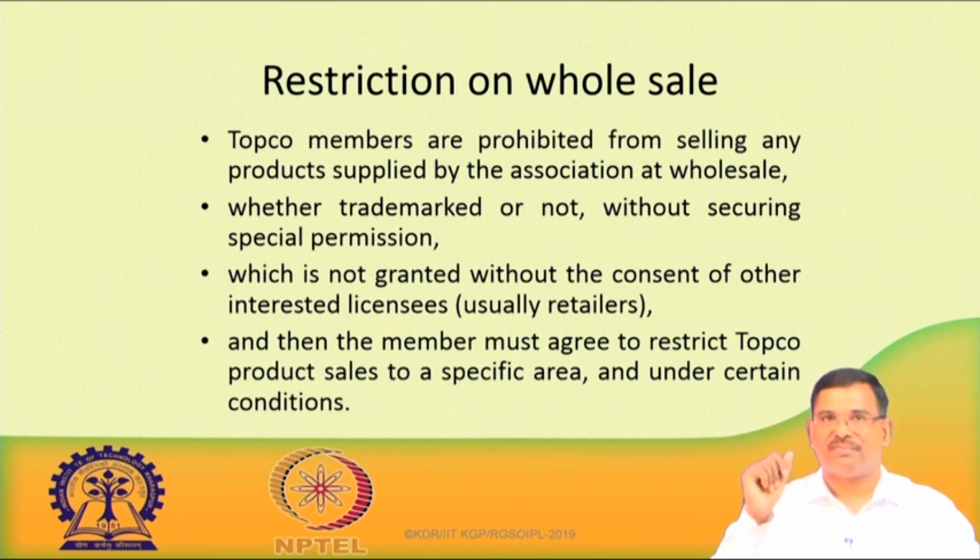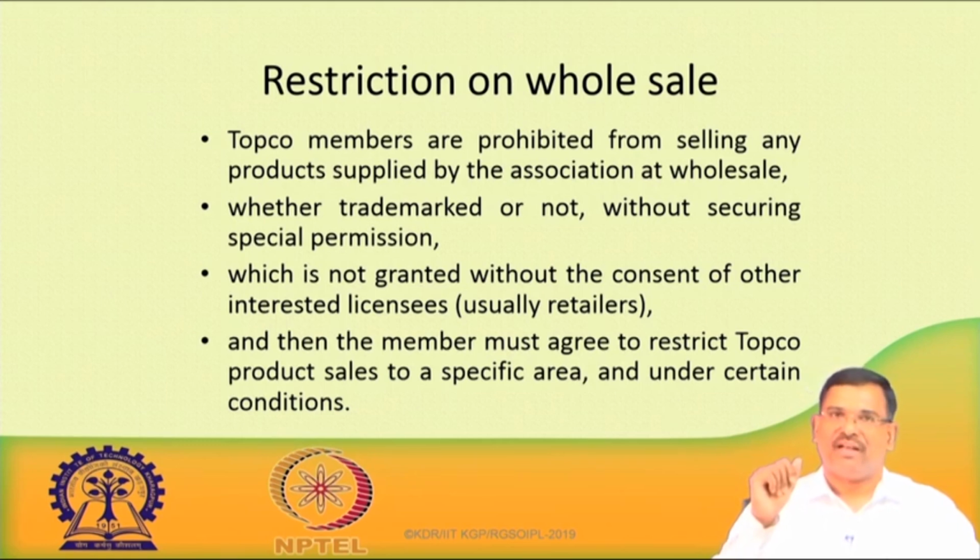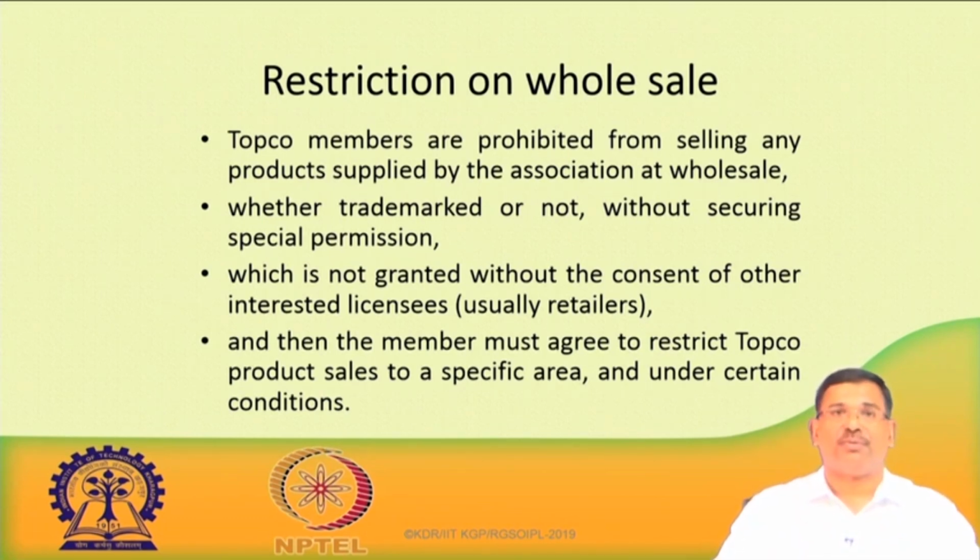They also cannot use the Topco trademarked product without securing special permission. That means without consent nobody can do business in the name of Topco, and a new member entering into the retail business must agree to the so-called restrictive licensing provisions of Topco.